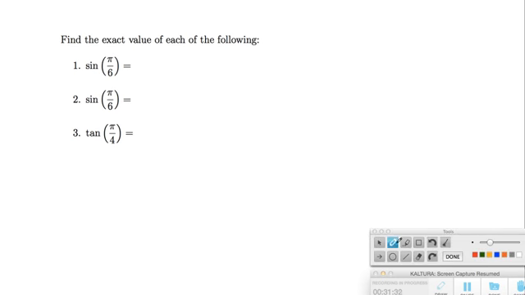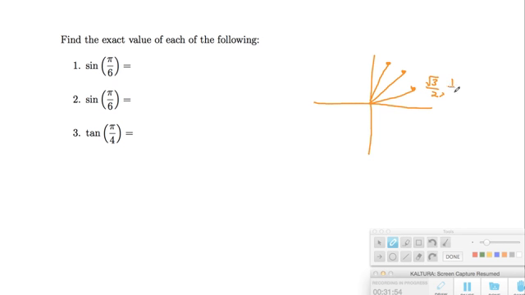So again, if you'll recall the unit circle, remember the first one was square root of 3 over 2, comma 1/2. Second point, square root of 2 over 2, comma square root of 2 over 2. And the last one, 1/2, comma square root of 3 over 2. Remember that the first angle was your pi over 6 angle.